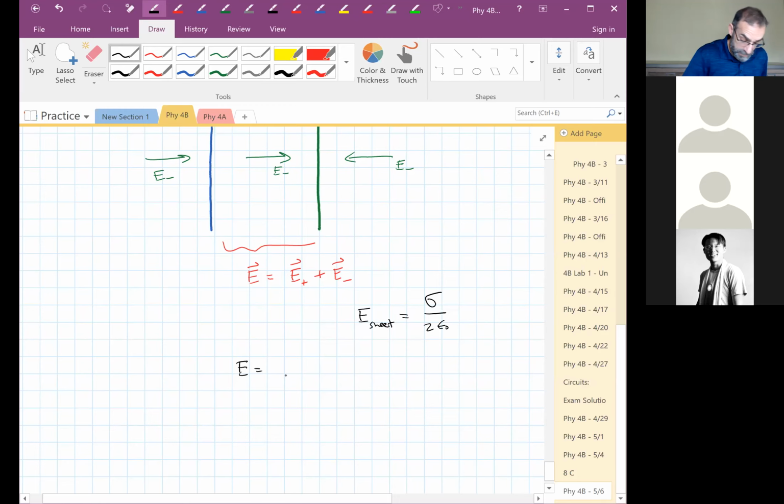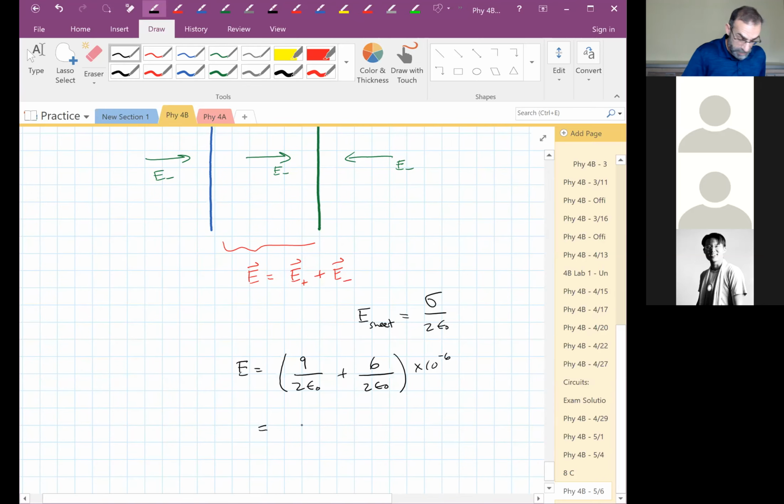So we've got the positive 9 over 2 epsilon naught, and we're going to add to that the 6 because we've taken the directions into account, right? Not negative 6. And those are both microcoulombs, so we need a 10 to the minus 6 there.